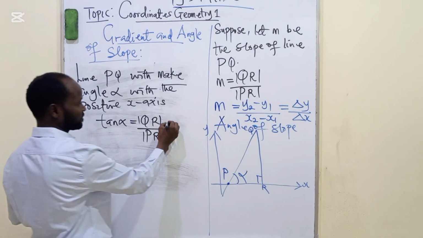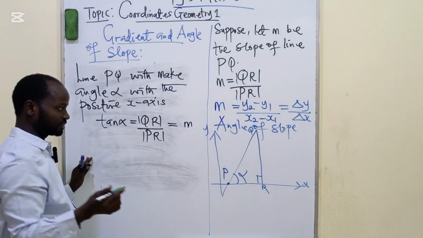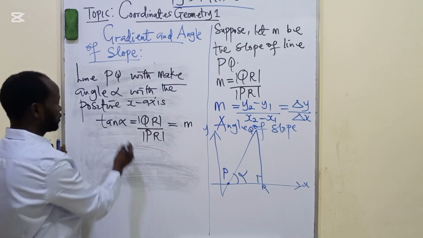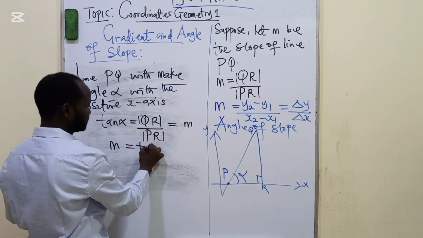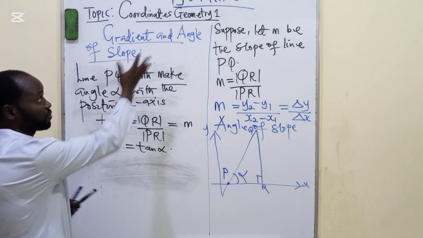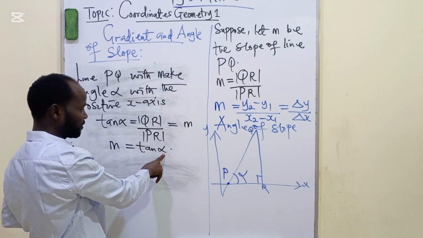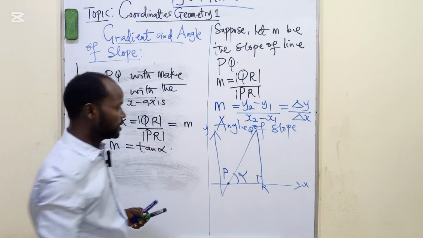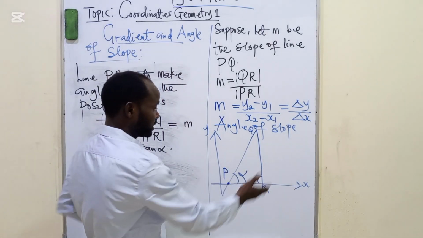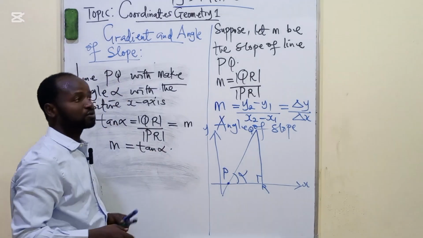Realize that QR over PR is the same as m, which is the slope of this line P to Q. So we can conclude that to find the angular of slope, m is nothing but tan alpha. So this is the formula for angular of slope. Anytime you are asked to find angular of slope, we use m, the slope, equals tan alpha, where alpha is the angle that line PQ or a straight line makes with the horizontal, the positive x-axis.